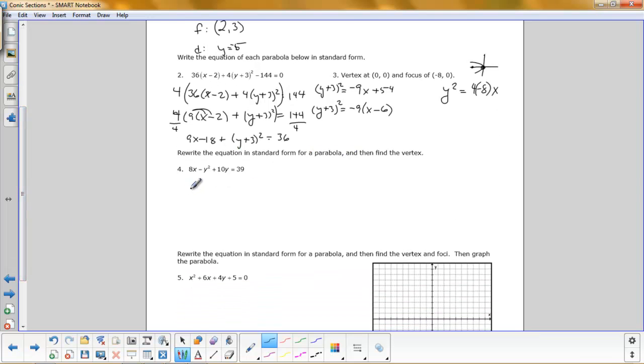Rewriting the equation in standard form. Alright, so the first thing I'm going to do is do my grouping. 8x minus y squared plus 10y equals 39.